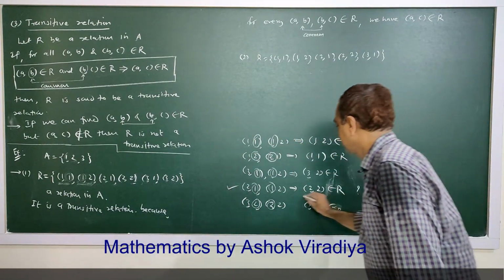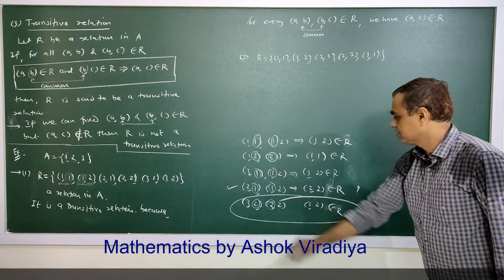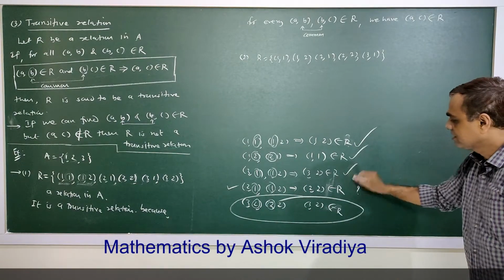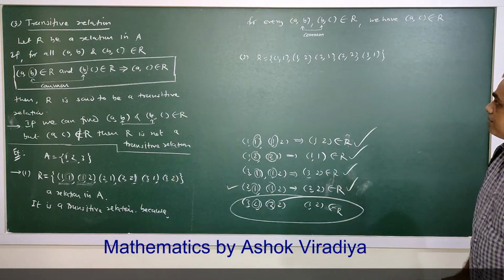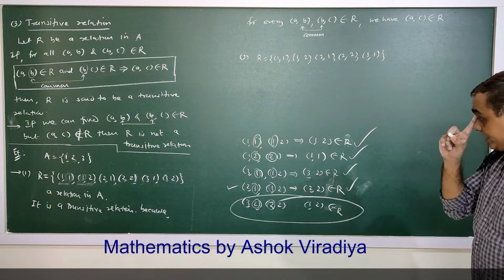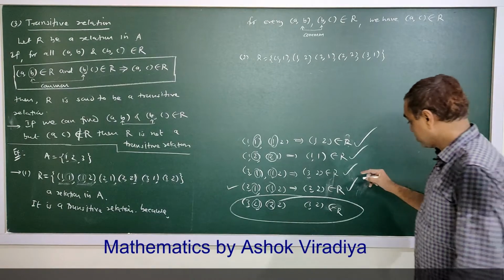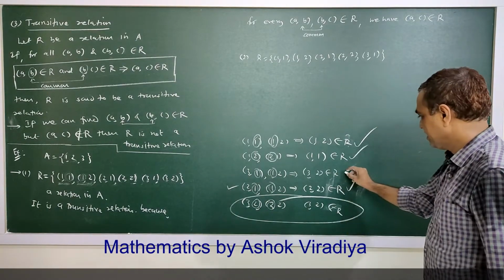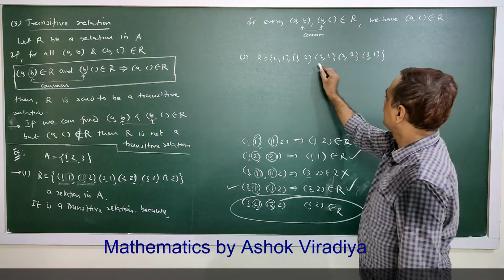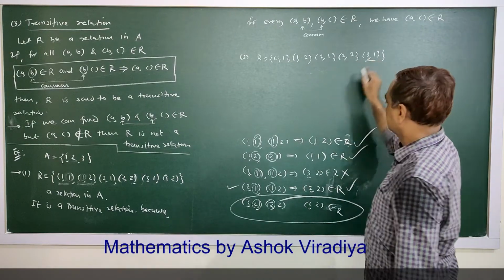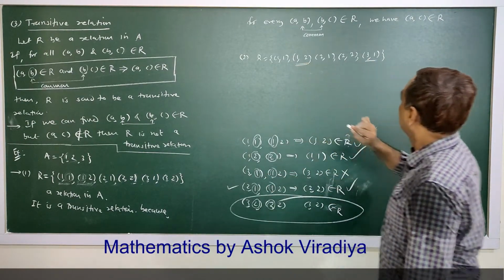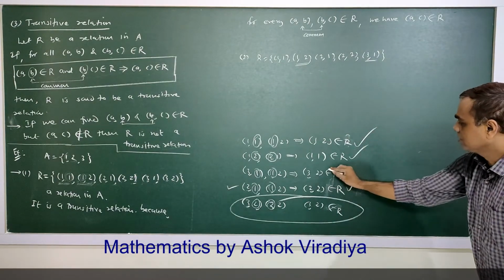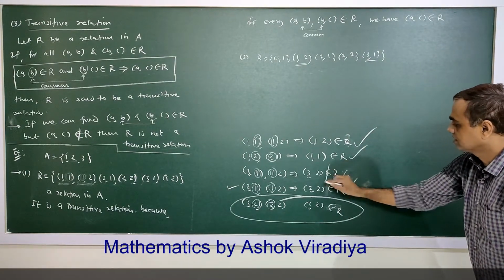So see here, (3, 1) is in R, (1, 2) is in R, but (3, 2) does not belong to R.